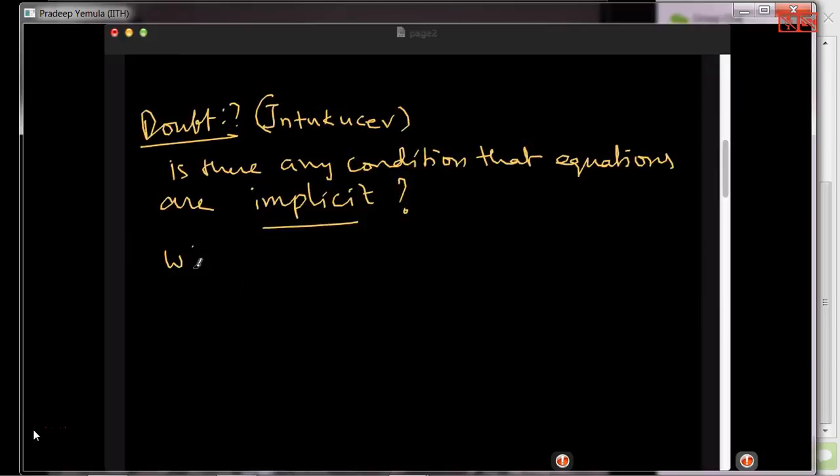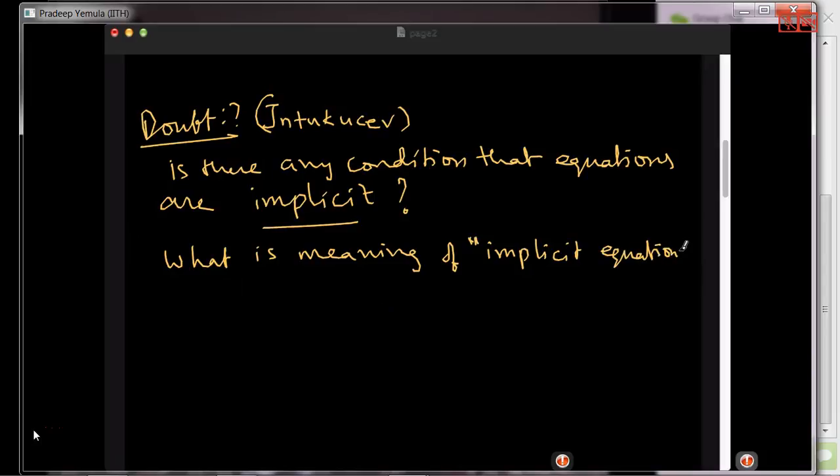So let me add that. What is the meaning of implicit equations? So people also started giving answers for this.